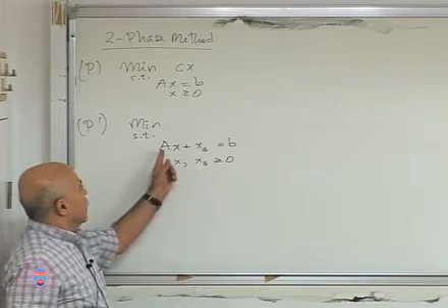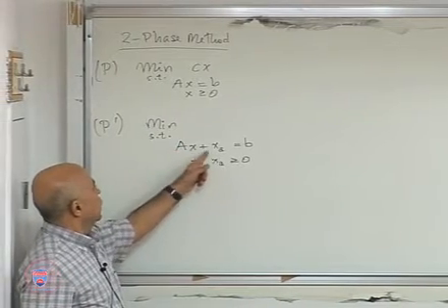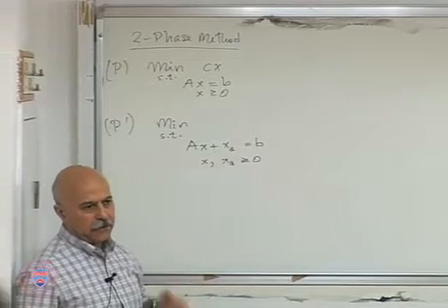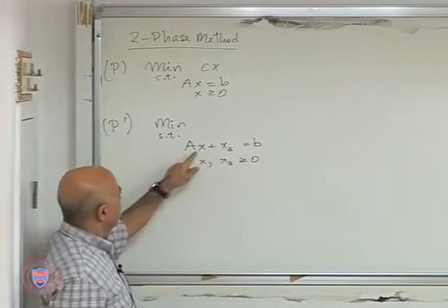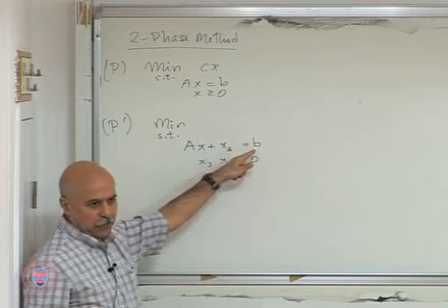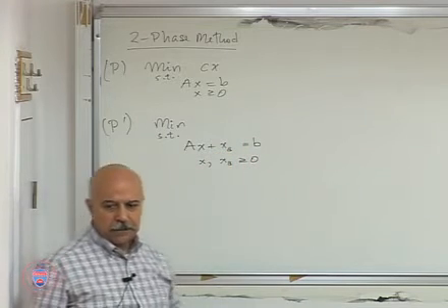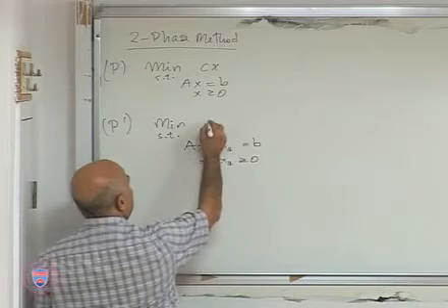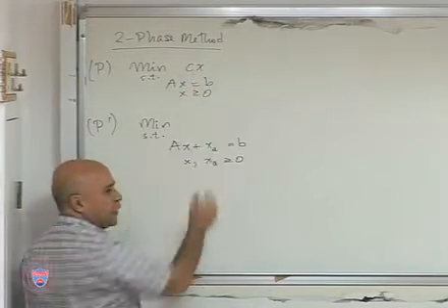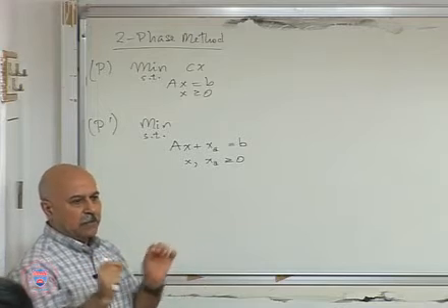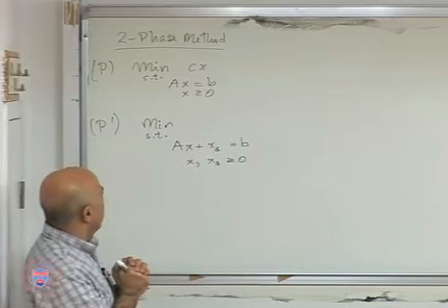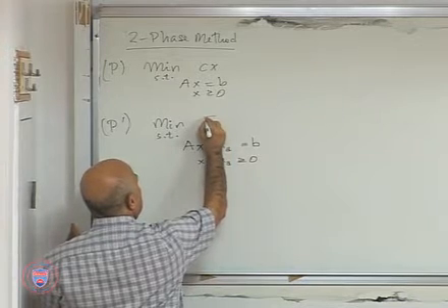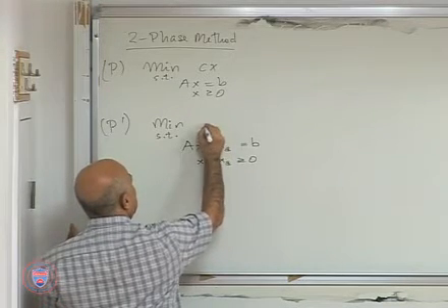So any feasible solution to P prime will be feasible to P if and only if xa is equal to 0. Other than that, of course, Ax will not be equal to b unless xa is equal to 0. So in this case, rather than perturbing the problem with Cx plus M times the artificial variables, as in the big M method, we simply minimize the sum of the artificial variables.